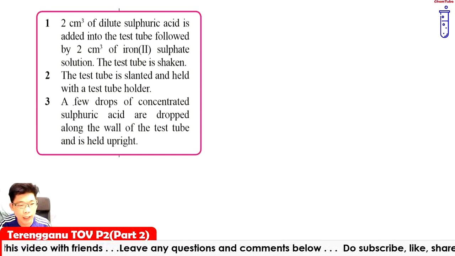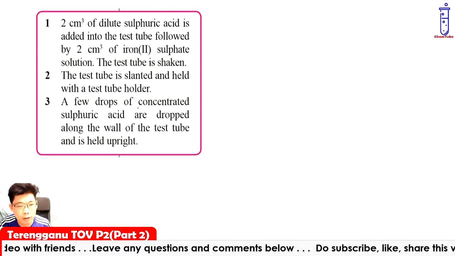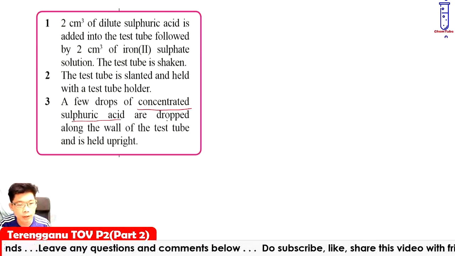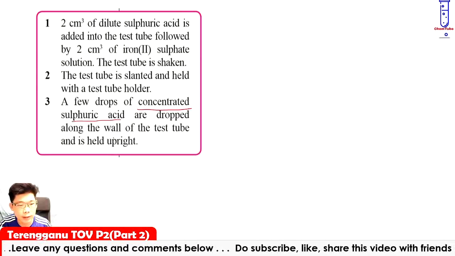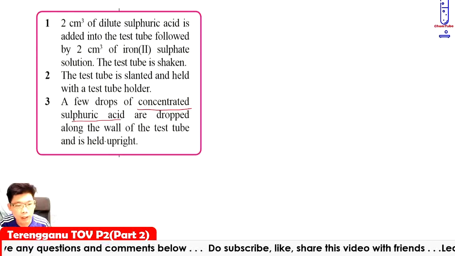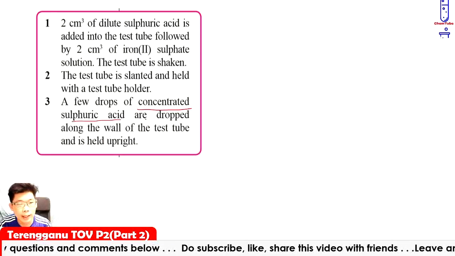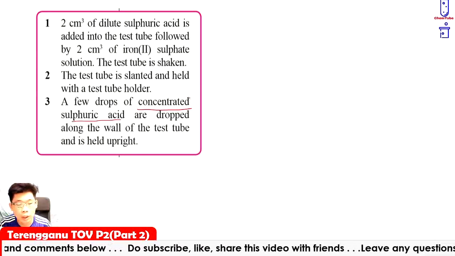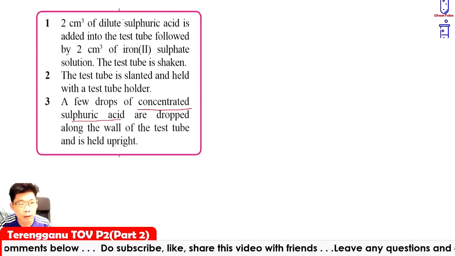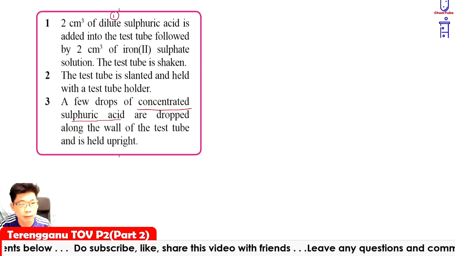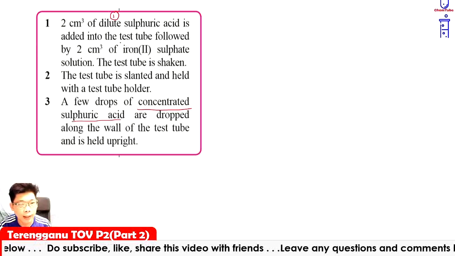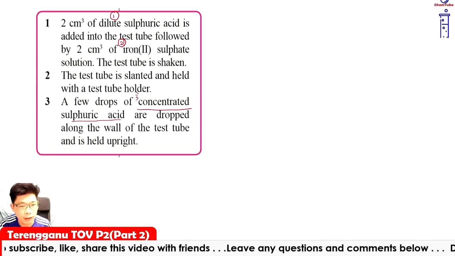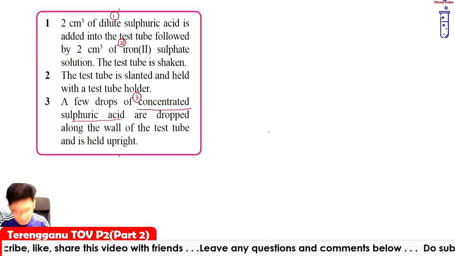So after that, a few drops of concentrated sulfuric acid are dropped along the wall of the test tube, and it is held upright. So meaning that in this testing, you need to add 3 chemicals. First one is the dilute sulfuric acid, followed by iron(II) sulfate, then finally concentrated sulfuric acid.